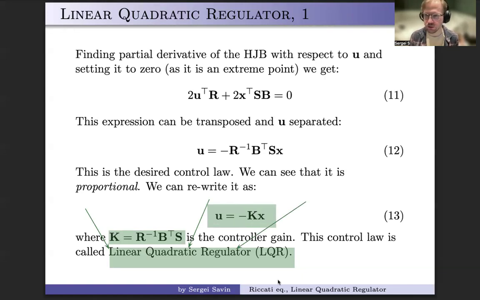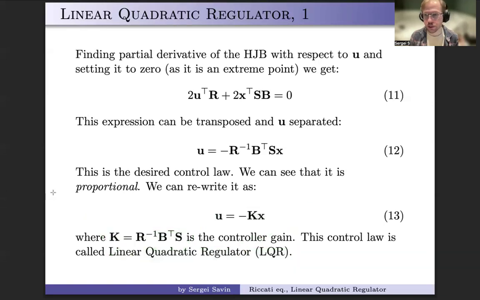In Russian textbooks, by the way, we still call it a regulator. So a regulator is just older terminology for controller. So that is it for what LQR is. All we need to do is to find S. We still don't know how to do it. Let's go to the next slide.